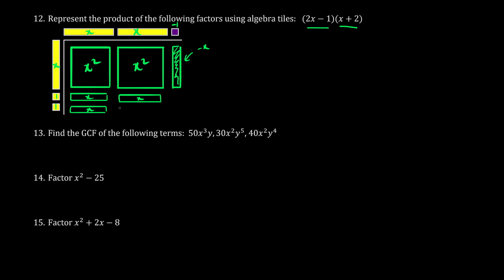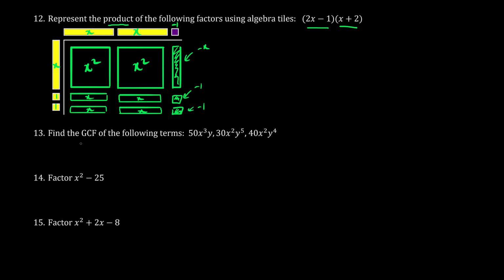Not the prettiest drawing, but good enough. 1 times x is x, and then finally 1 times negative 1 is negative 1, so this should be shaded as well. A negative number times a positive number is negative, so these are negative 1 and this here is negative 1. So we have the product. The product is on the inside of this diagram.